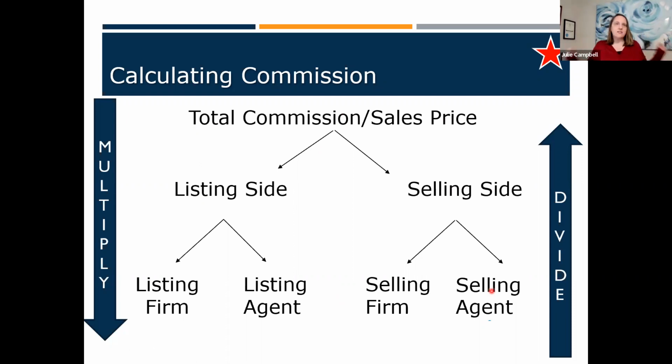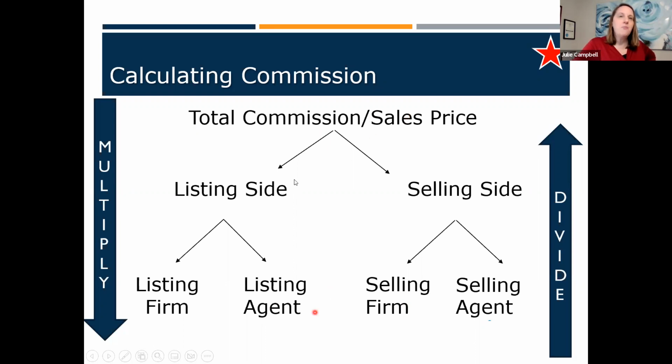If you're working down the map, if you're starting at the top with commission and you're working down to, for example, the listing agent, the steps that you take to get there are to multiply. That's what that arrow on the left means. If you're working up the commission map, let's say, for example, they tell you what the listing agent made and they want to know what the sales price was.